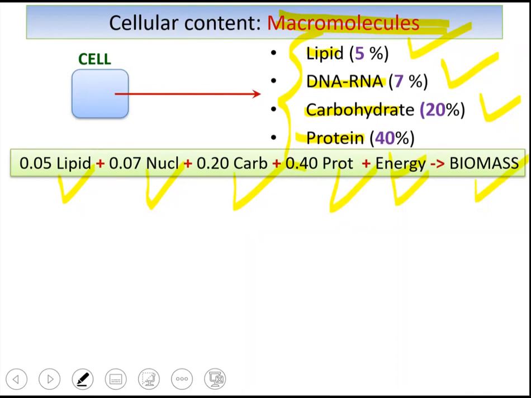And the coefficients of those reactions are the percentage content of those macromolecules within the cell. So this is how I start incorporating growth into the metabolic reaction list. First, I write a biomass formation reaction in terms of the relative content of macromolecules.